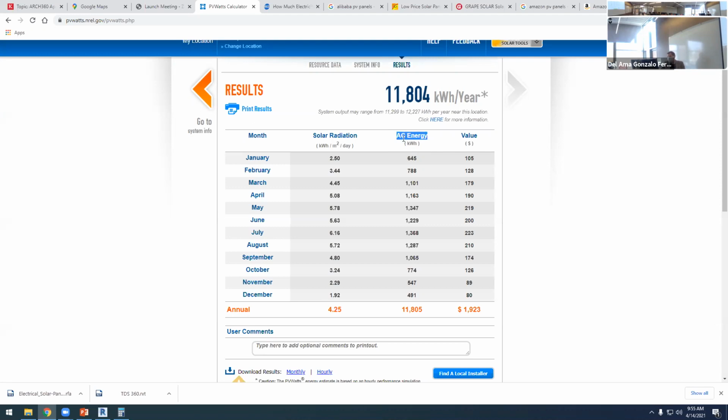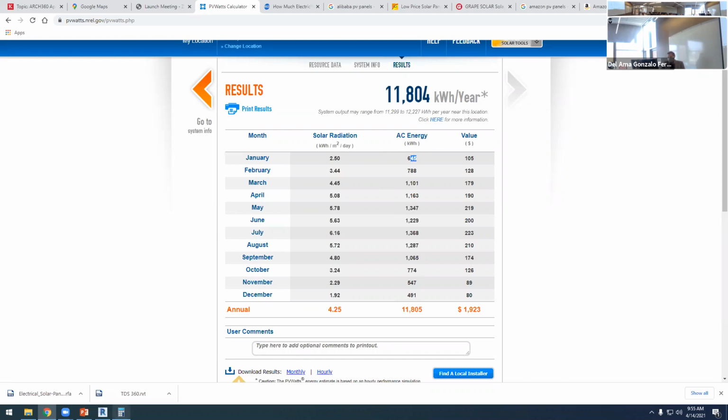What we usually need is alternating current inside the building. 99% of the devices run on alternating current. So that's why we have this. We don't have the DC production. And here we can analyze different things, if we want to analyze the annual one, or the January or the monthly production.